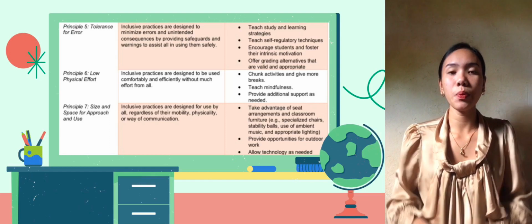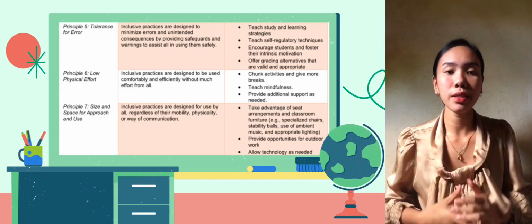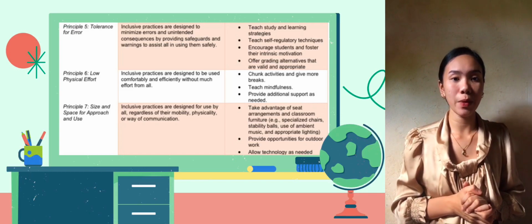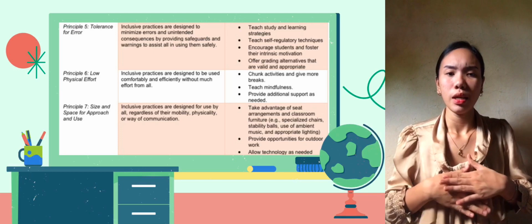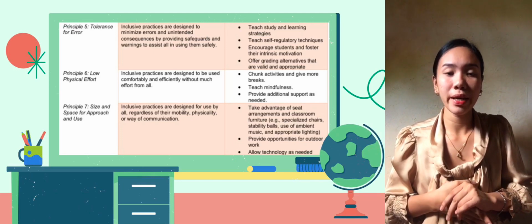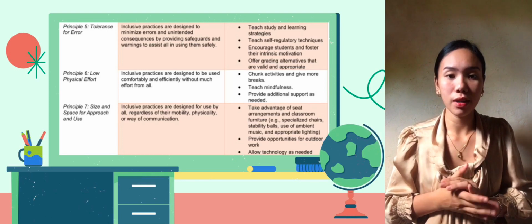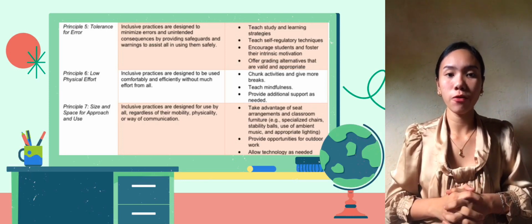Next is principle number 7. So, principle number 7, size and space for approach and use. Inclusive practices of these are designed for use by all, regardless of their mobility, physicality, or way of communication.